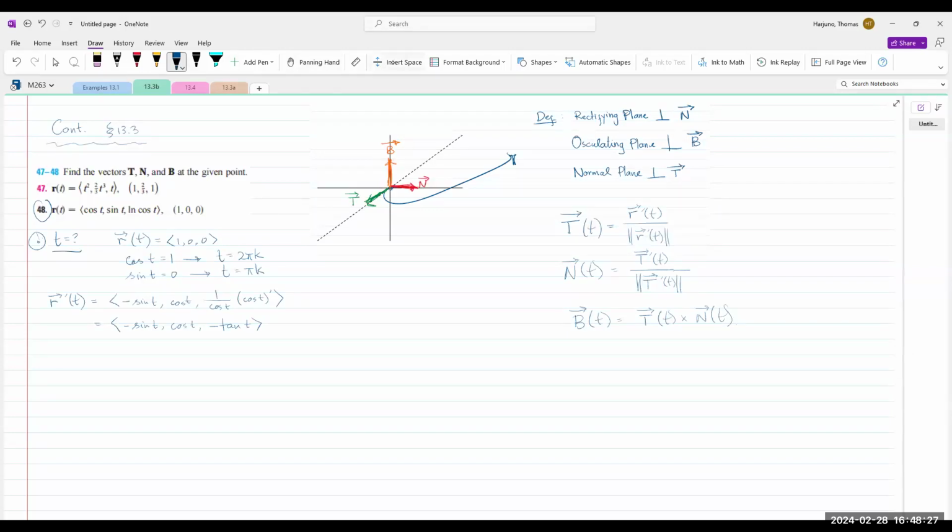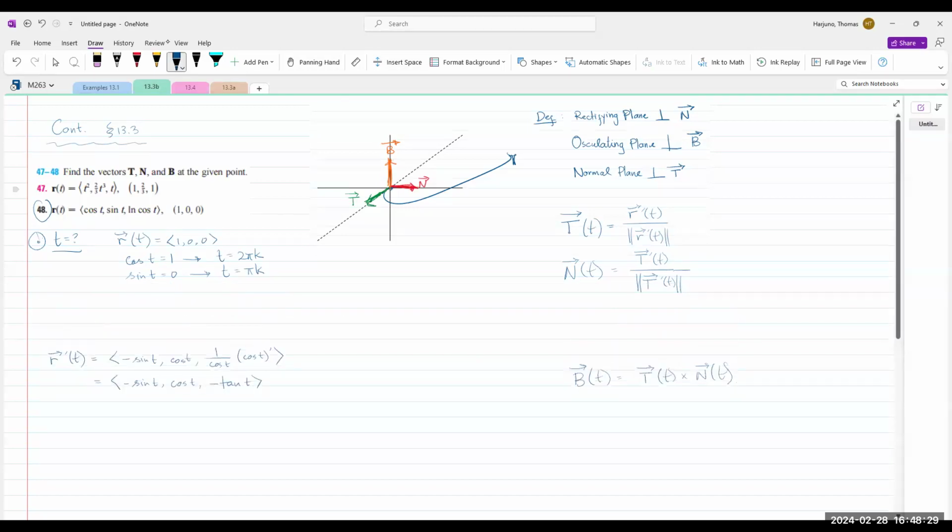The last one is the one we really need: natural log of cosine t equals 0 means cosine t equals 1, so t equals 2 pi k, where k is an integer.